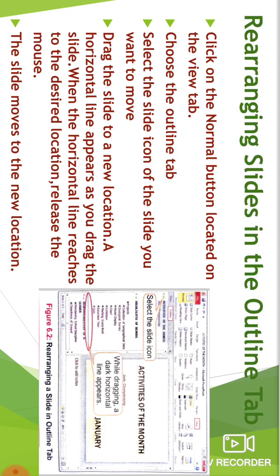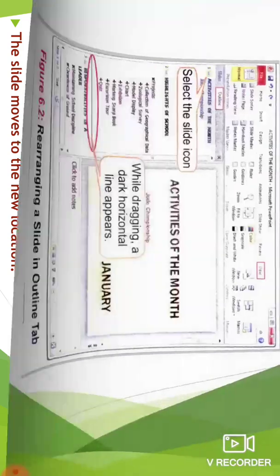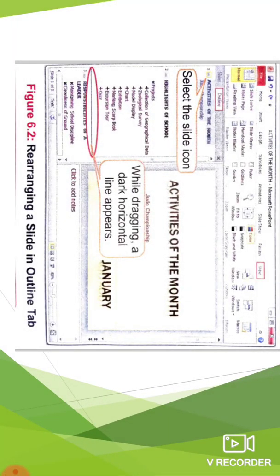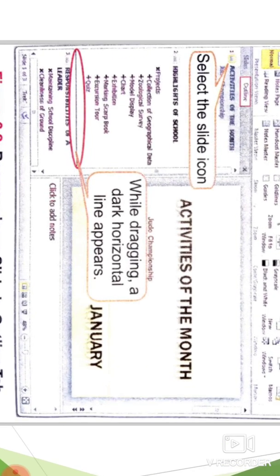Here you can see a picture. It is a little bit similar to the normal view, but one thing is different. Here on the left side in a normal view you see the thumbnail images of the slides, but here text is written. Why? Because here you can see slide and outline.